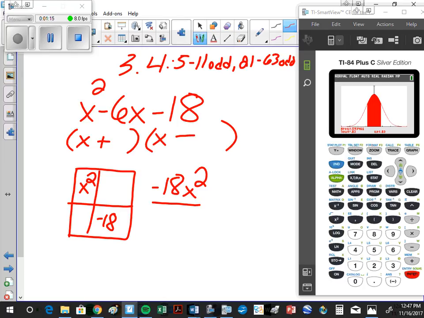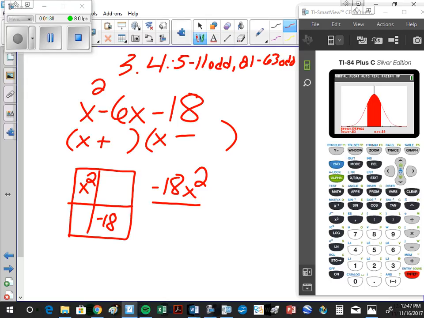How do I know one of them is positive and one of them is negative? Because 18 is negative. If you take a positive and you multiply them together, what do you get? Positive. If you take a negative and you multiply them together, what do you get? A positive. So if you take a positive and a negative, or a negative and a positive, and you multiply them, you get a negative.